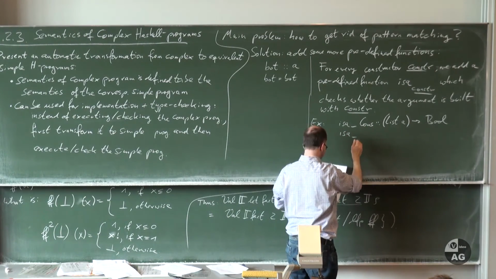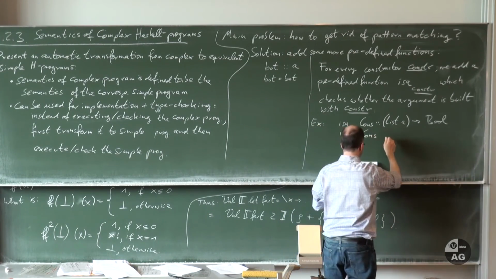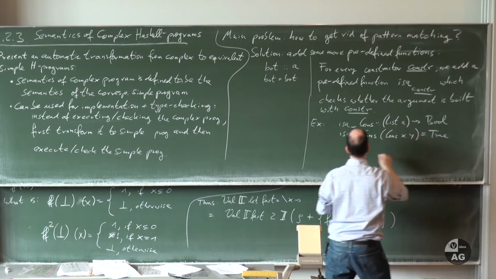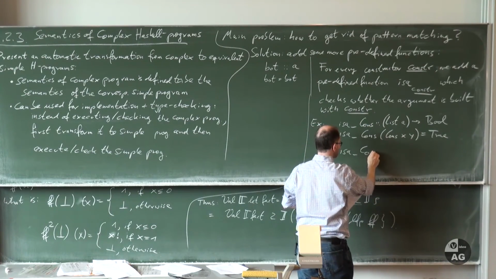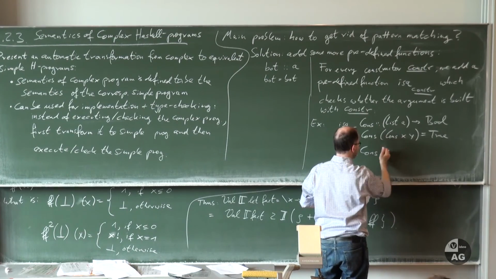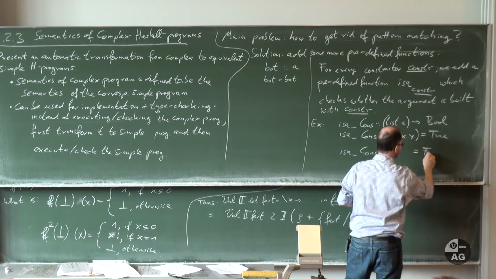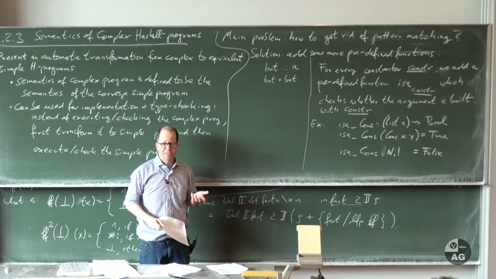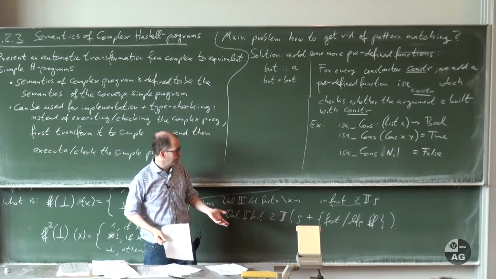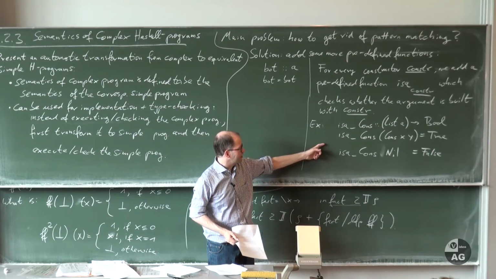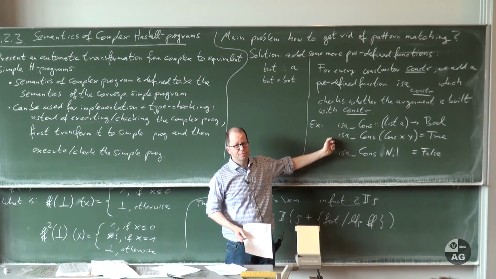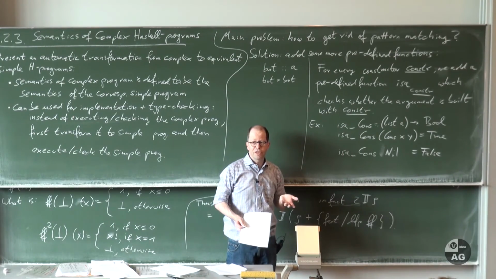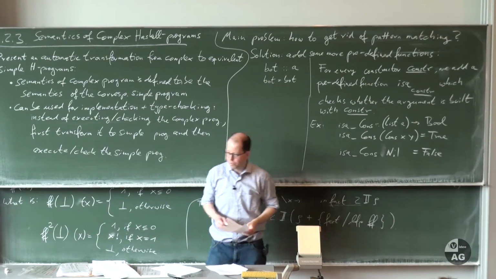So if it is built with cons, it returns true, and if it is built with nil, then it returns false. And of course, if you have pattern matching, then you can define this function yourself. But in simple Haskell, you cannot define this function easily. So therefore, for every data constructor like cons, we add this function. And now in simple Haskell, you can use this function to find out, is your argument built with cons or is it built with nil?